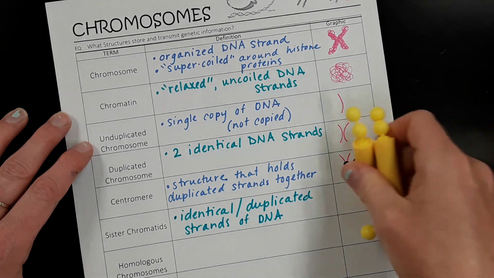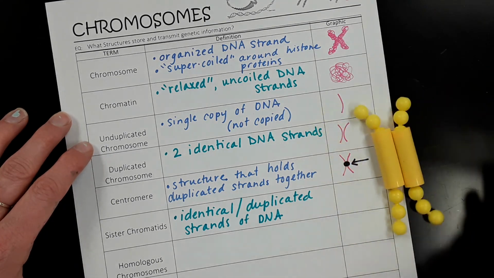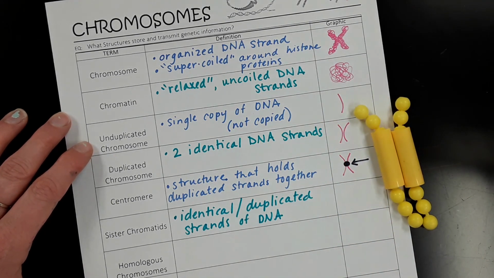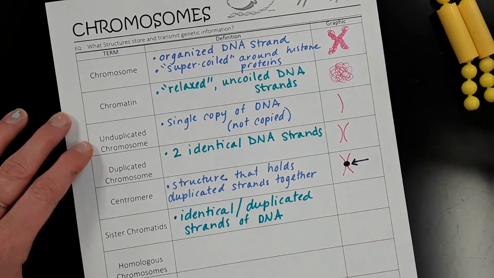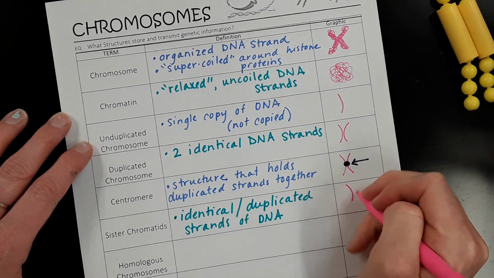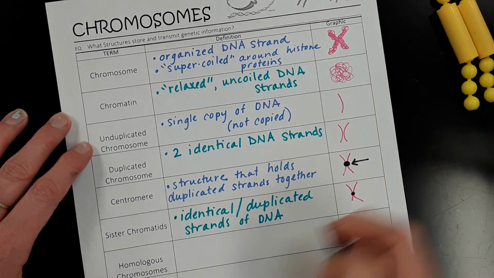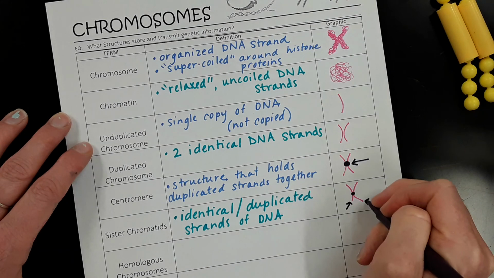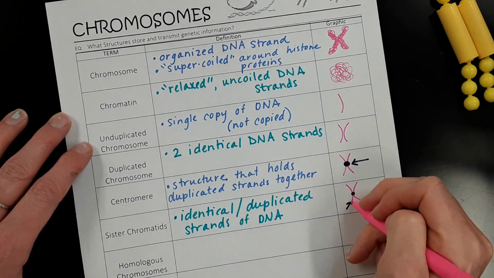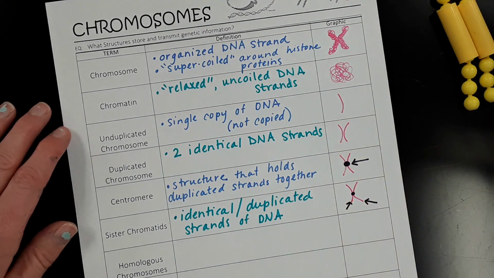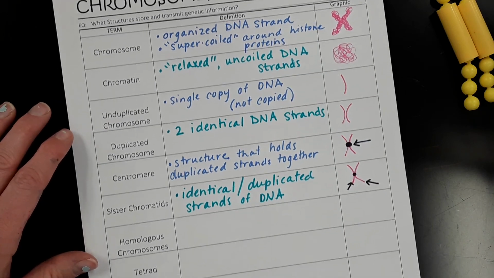So here is one sister, and here is the other. And like I said, they're held together there with the centromere. And they're identical copies of each other, just being held together.